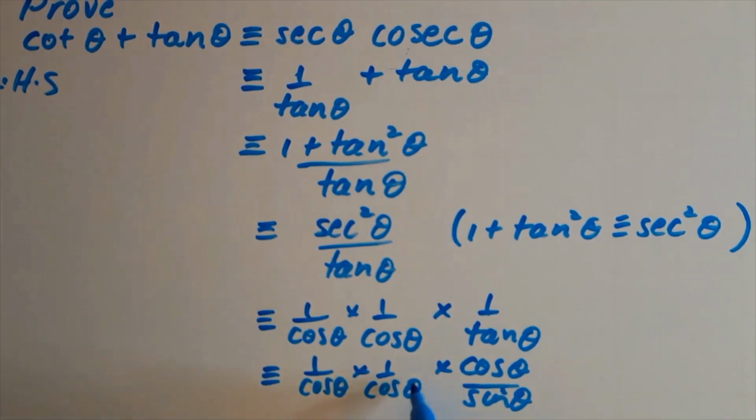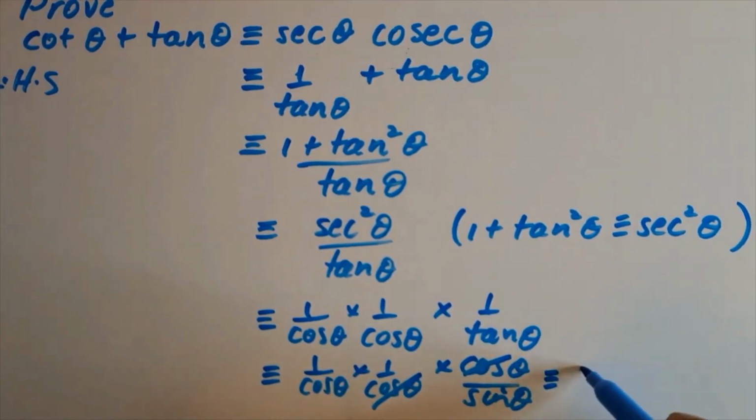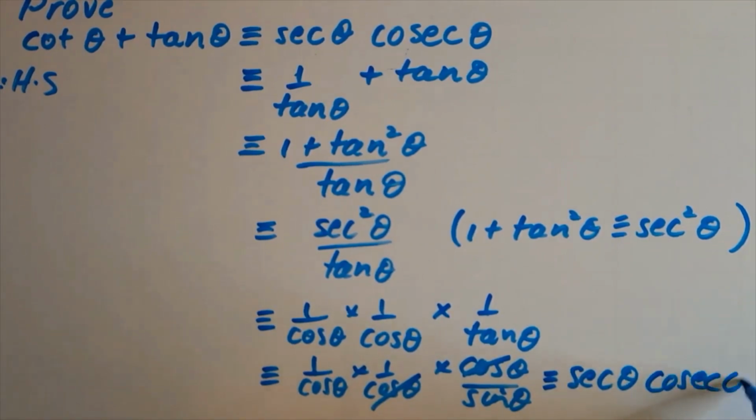Now we can cancel here and here, so we're left with 1 over cosine theta, which is sec theta, and 1 over sine theta here, which is cosec theta.